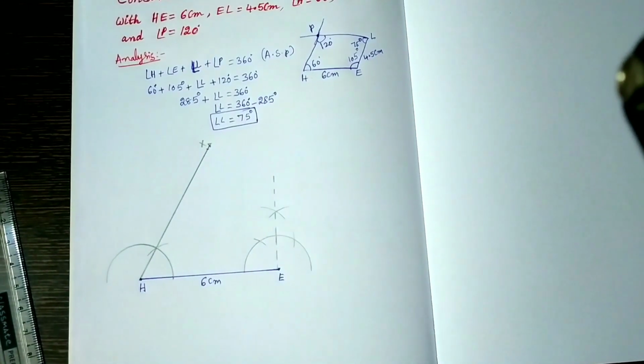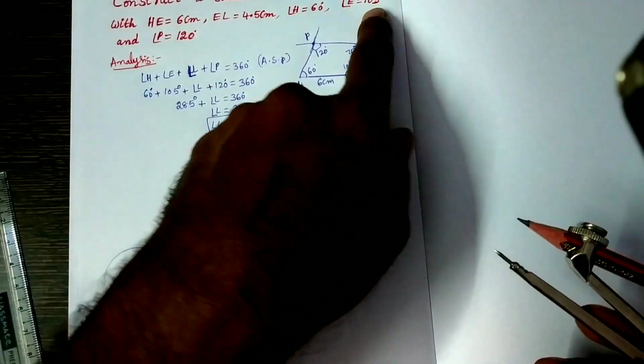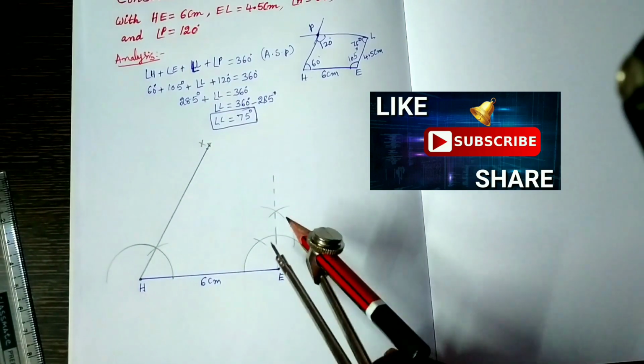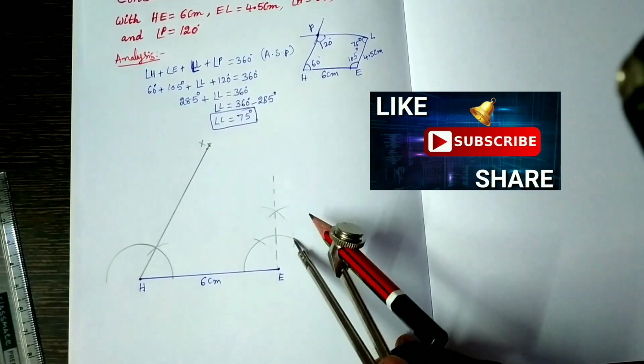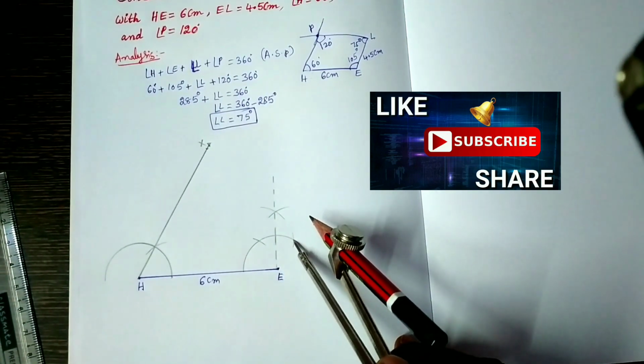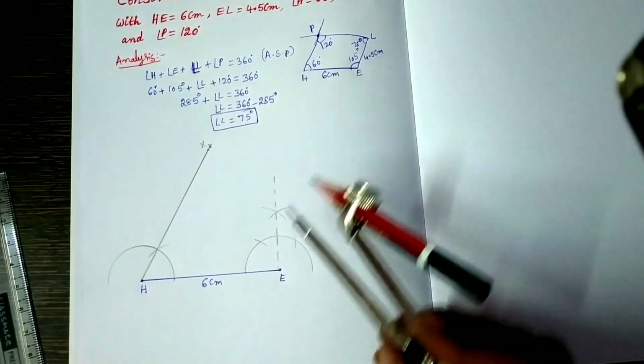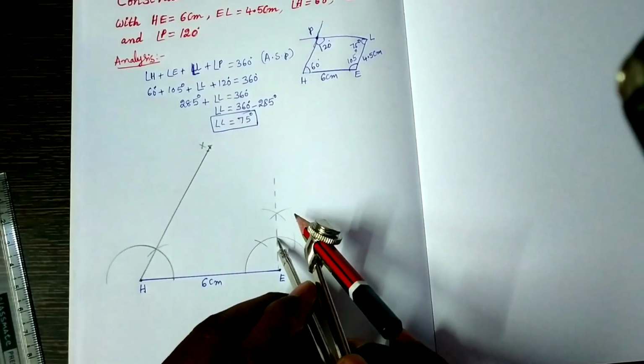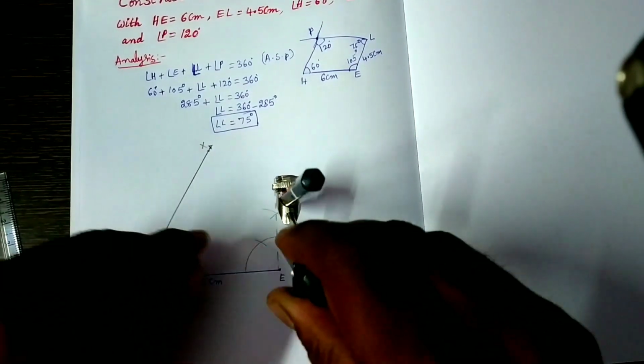So this angle indicates 90 degrees, but we need only 105 degrees. So 105 degrees lies between this 90 degrees and this 120 degrees. So at 90 degrees draw an arc.